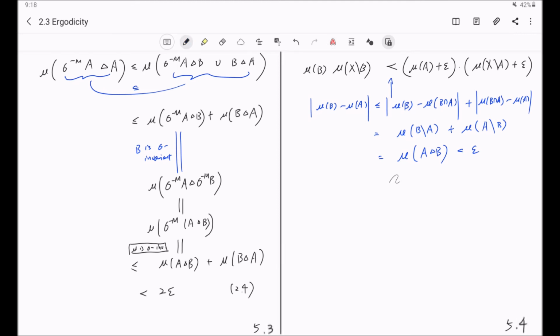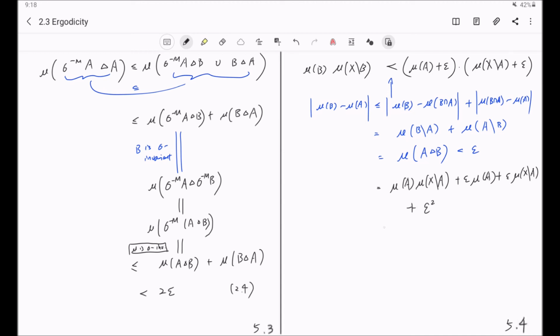And now we just multiply everything out. This is equal to the measure of A times the measure of the complement of A, plus epsilon times mu of A, plus epsilon times mu of the complement of A, plus epsilon squared.